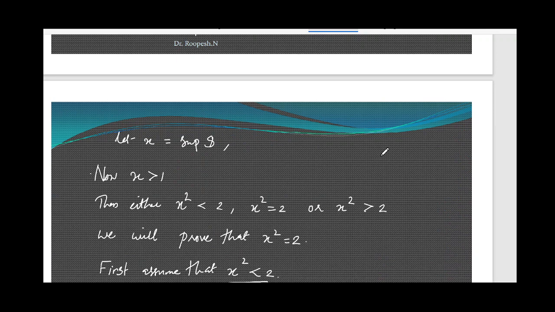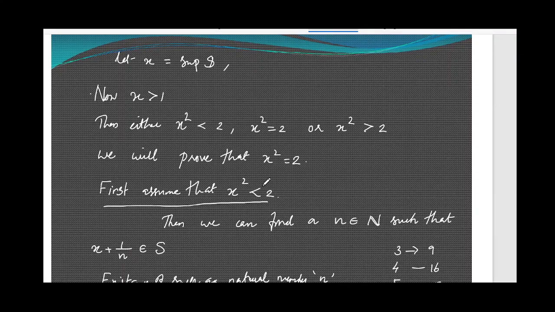Now my supremum value is always greater than 1 because 1 is a member in this. Then I should have my x square value either less than 2, greater than 2 or equal to 2. And I will examine x square less than 2 and x square greater than 2, and we will find that these two possibilities are not possible. So the only existing possibility is x square equal to 2. Now we will prove that x square equal to 2.